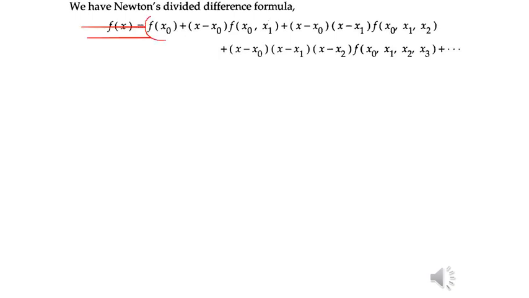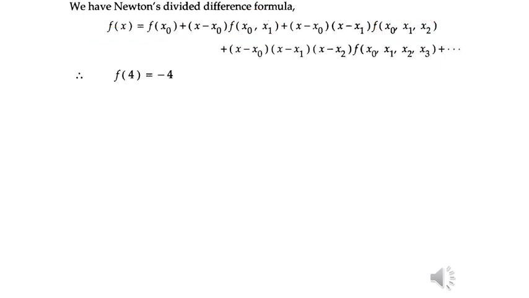We require f of x naught, f of x naught comma x1, f of x naught comma x1 comma x2, and so on. Let us substitute all these functional values and x values here.